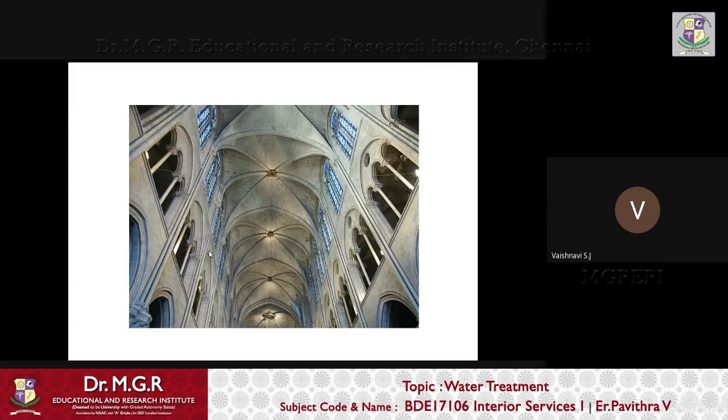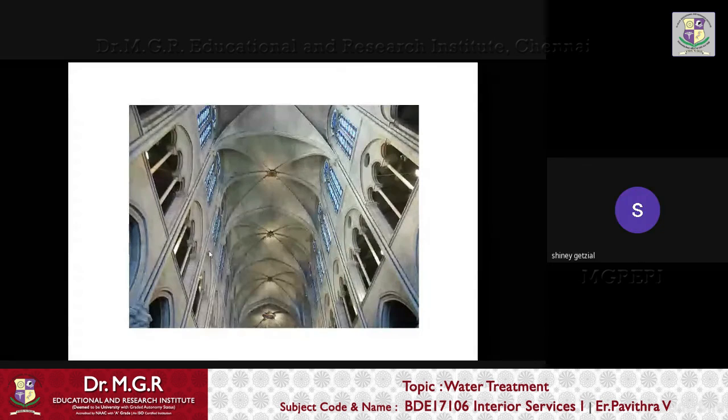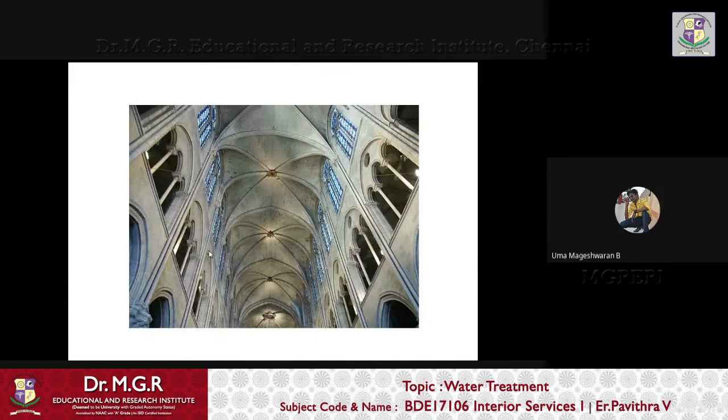Glass windows. Glass windows and paintings. Stained glass. Clerestory windows. Stained glass windows and clerestory windows. Okay.